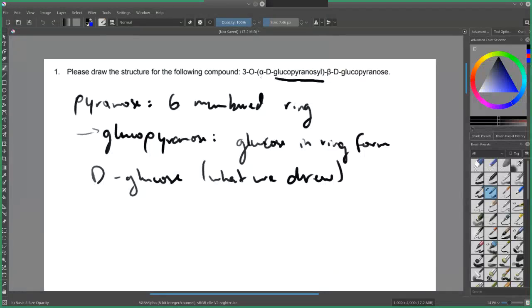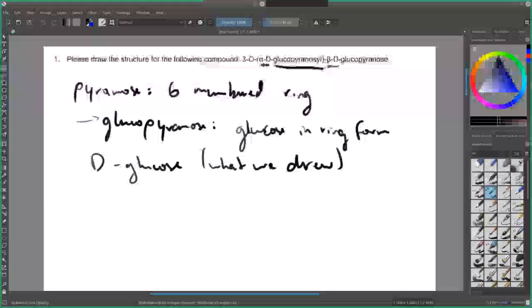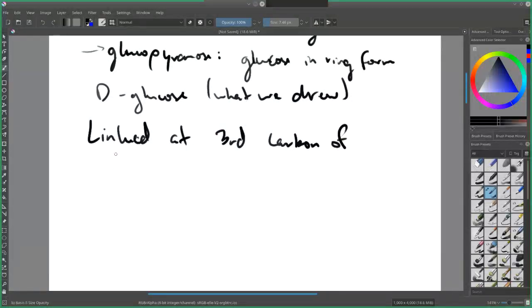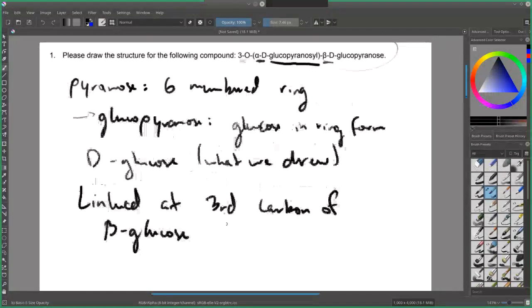And one of them is alpha, and then the other one is beta. So that's significant, right? And they're linked at the third carbon of this beta glucose. How do you know it's linked at the beta glucose?